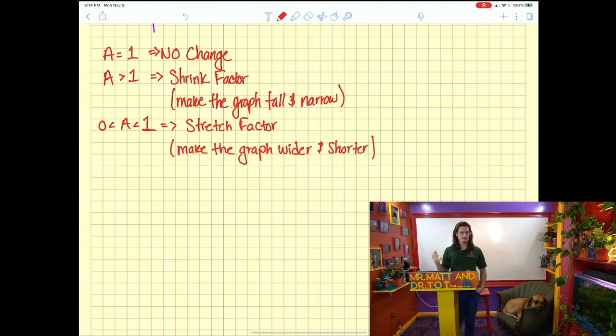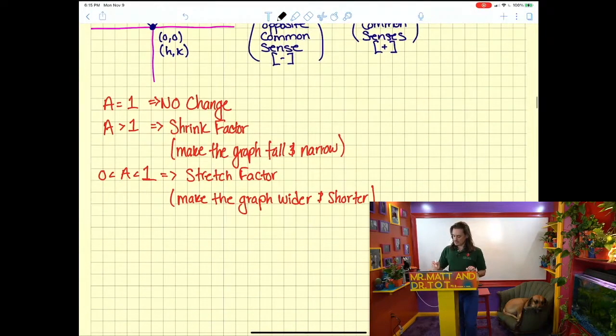I mean, these graphs are infinite, so it doesn't really make much sense to be shorter if you're infinite. But within the same viewing frame, the stretched absolute value would seem shorter.